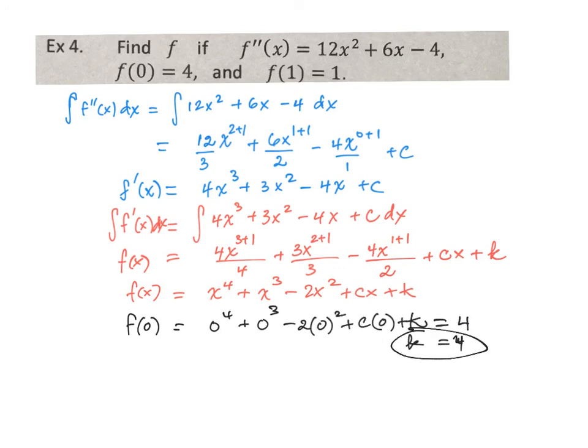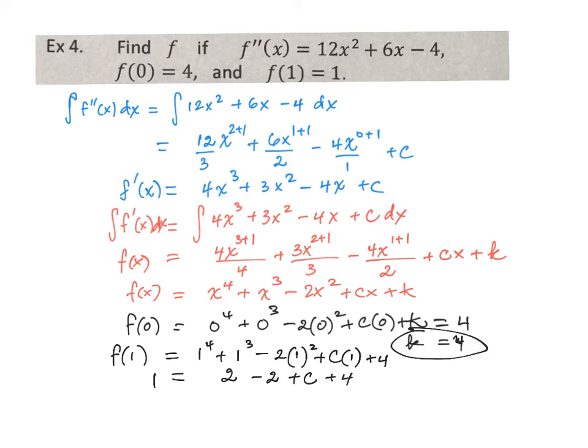To find the value for c, we plug in 1. So f of 1 equals 1⁴ plus 1³ minus 2 times 1² plus c times 1 plus 4. And when we simplify, we have 2 minus 2 plus c plus 4, and f of 1 equals 1.